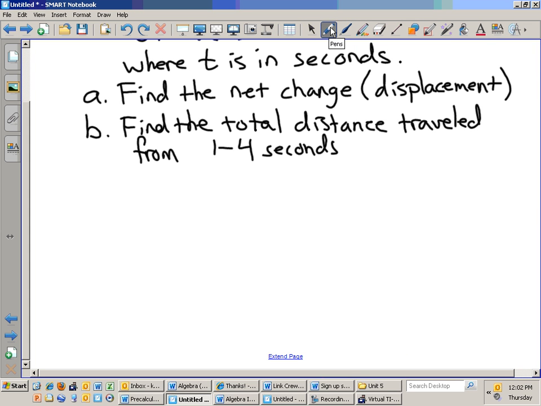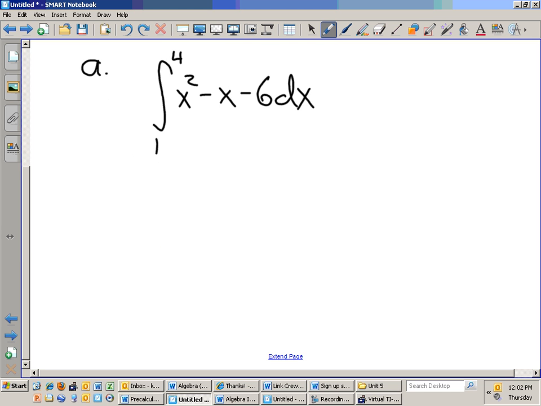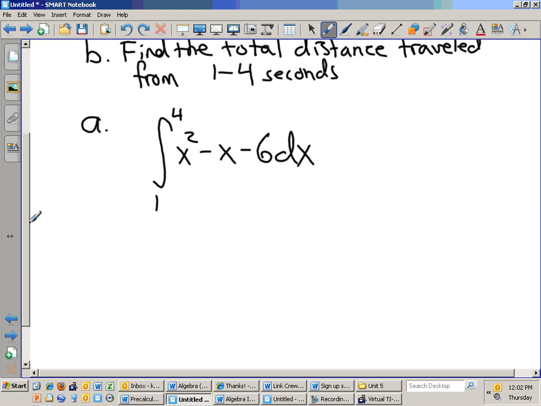So all I need to do is, in order to find the net change, part A, I'm going to evaluate the integral from 1 to 4 of x squared minus x minus 6 dx. Easy so far, right? Okay, so let's evaluate that.